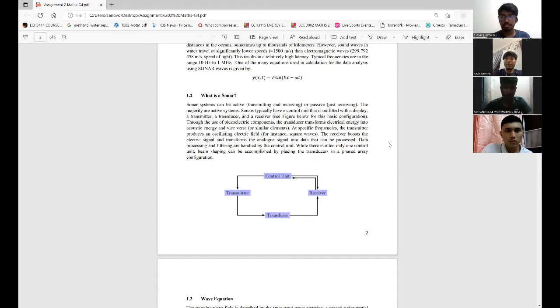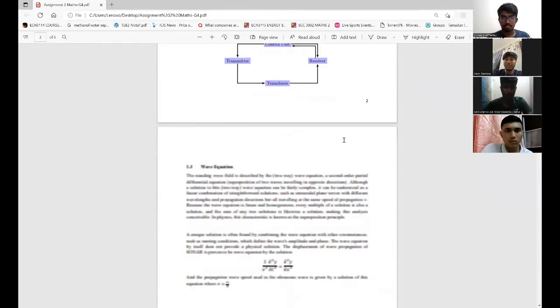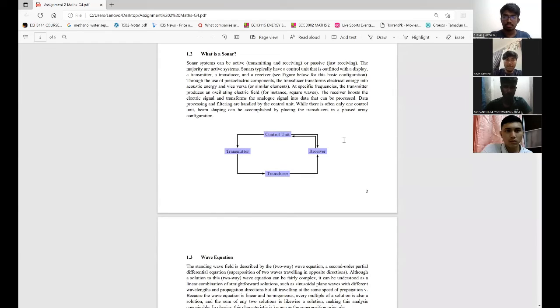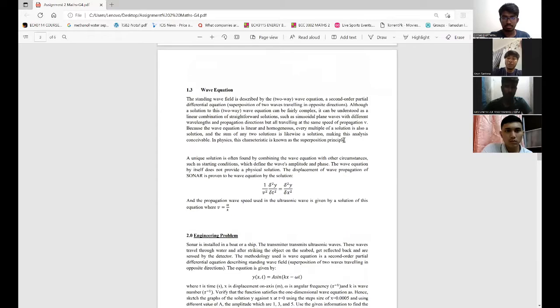At specific frequencies, the transmitter produces an oscillating electric field. The receiver boosts the electric signal and transforms the analog signal into data that can be processed. Data processing will be handled by the control unit. So that's all about the sonar system.